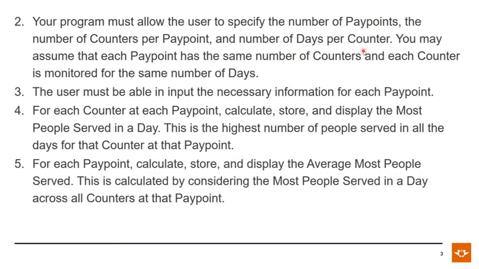So in case you didn't pick up from question 1 what your dimensions are, this will confirm it for you. So you've got the number of pay points, that is one dimension, the number of counters per pay point, so that's your second dimension, and the number of days per counter, and that is your third dimension. And this statement you can always expect, in Informatics 1A at least: you may assume that each pay point has the same number of counters and each counter is monitored for the same number of days.